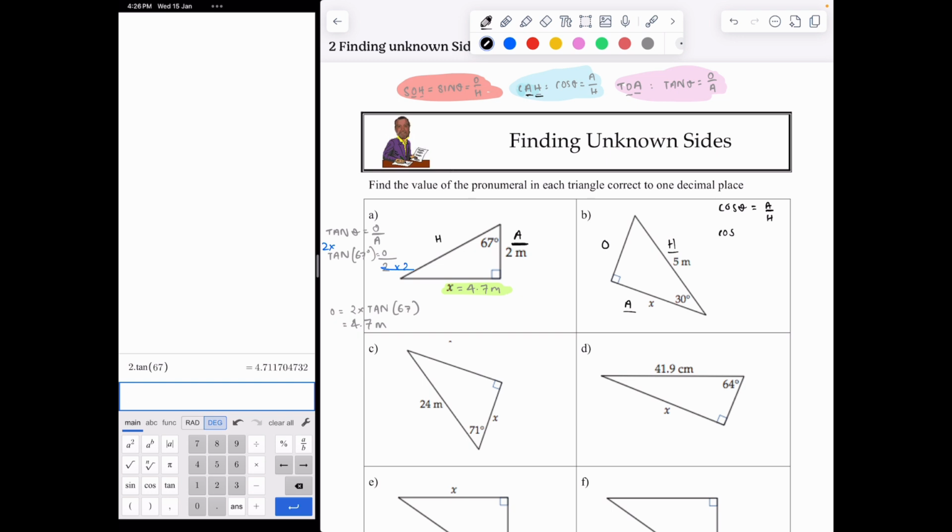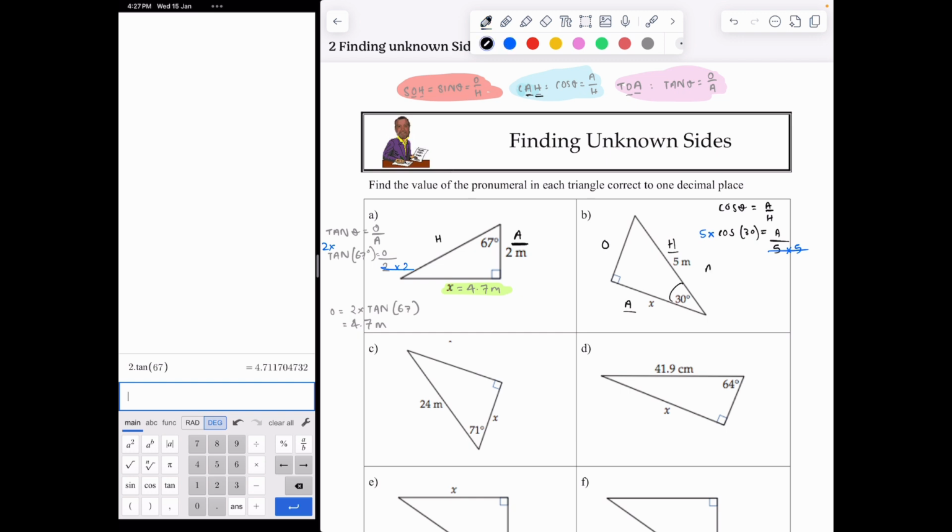Cos theta, what's our angle that we're dealing with? It's this one here. Cos 30 equals A, which is unknown, over H, which is given to us, and that's 5. To get A by itself, we have to get rid of the 5 by timesing it by itself. That means we times the other side by itself.